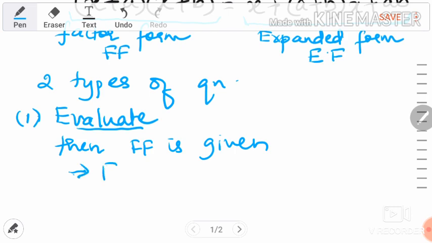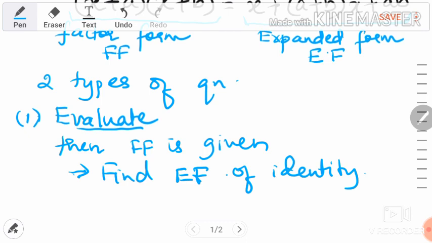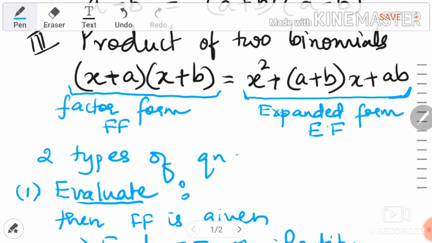We have to find the expanded form of identity. So evaluate means to multiply the factors and get the expanded form. So we will use the identity in this direction to evaluate.